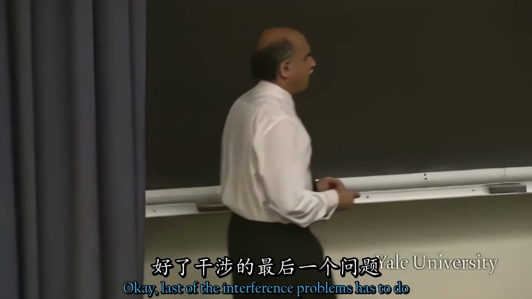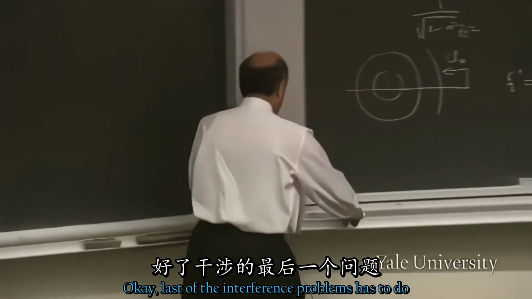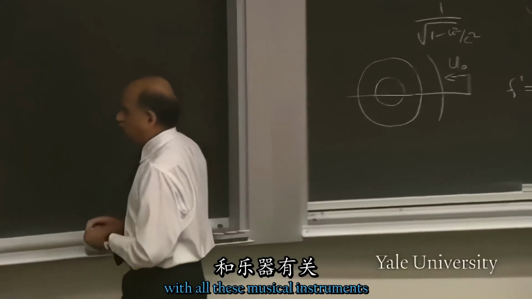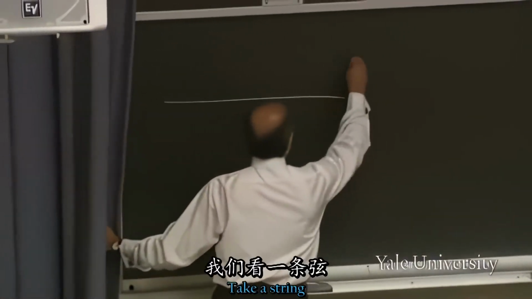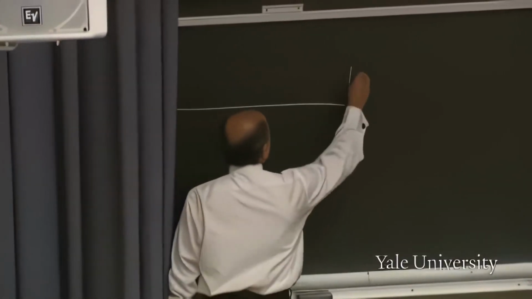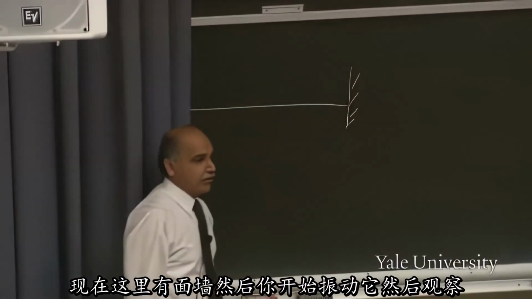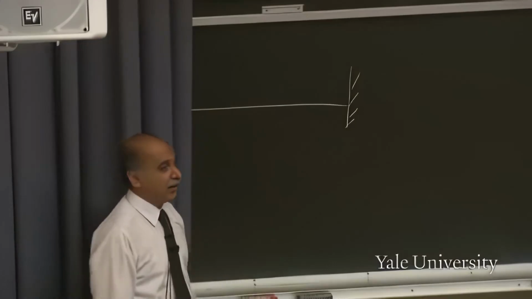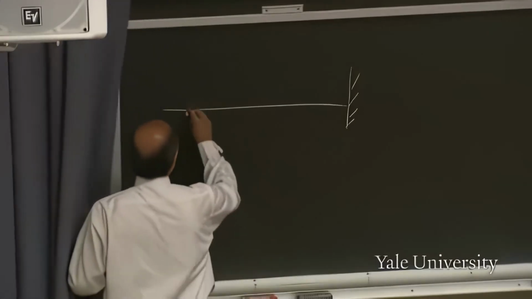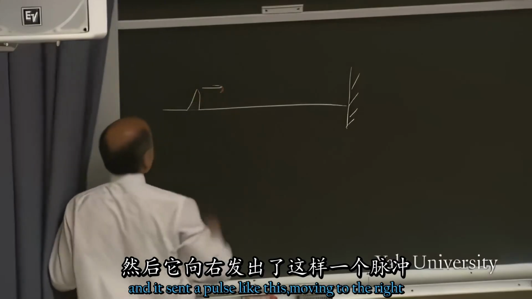Okay, last of the interference problem has to do with all these musical instruments, and it goes like this. Take a string. Now there's a wall here, and you start shaking it and ask what happens. So let's say I shake it just once, and I send a pulse like this moving to the right.